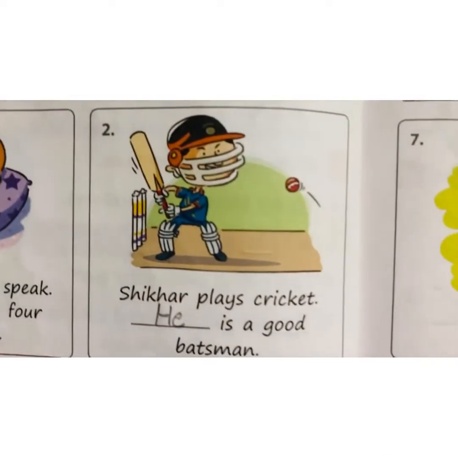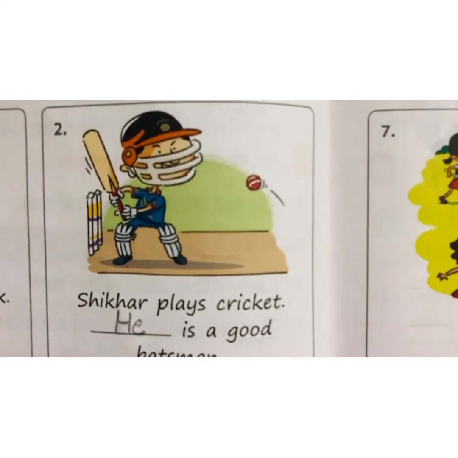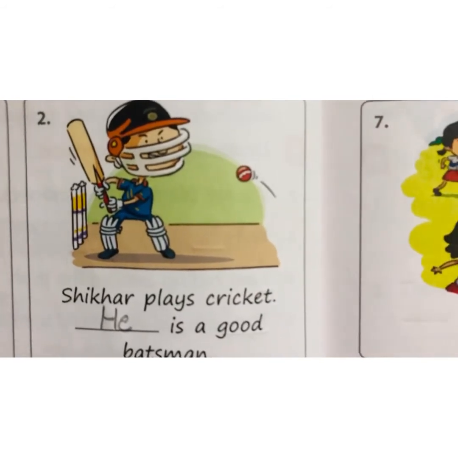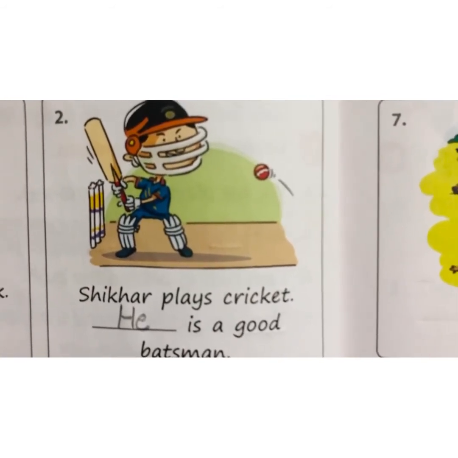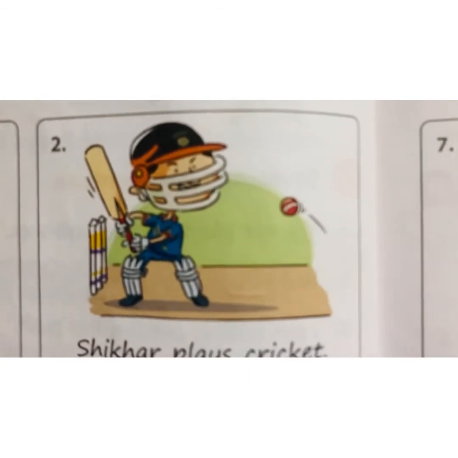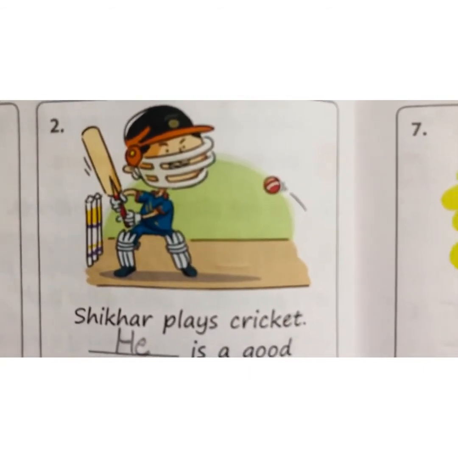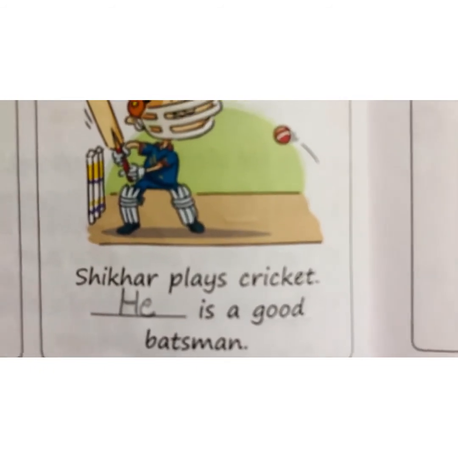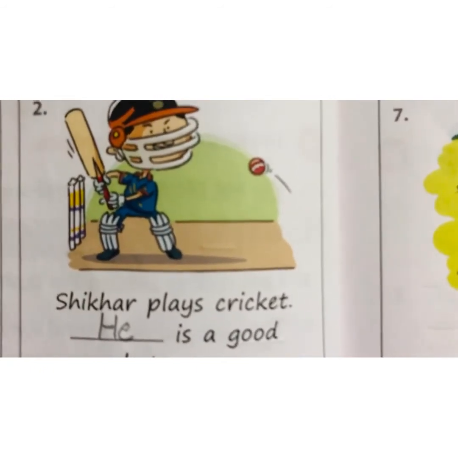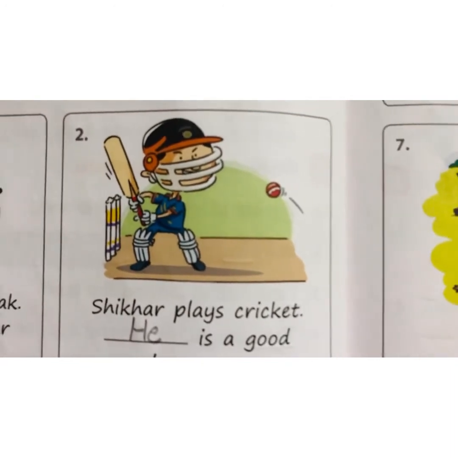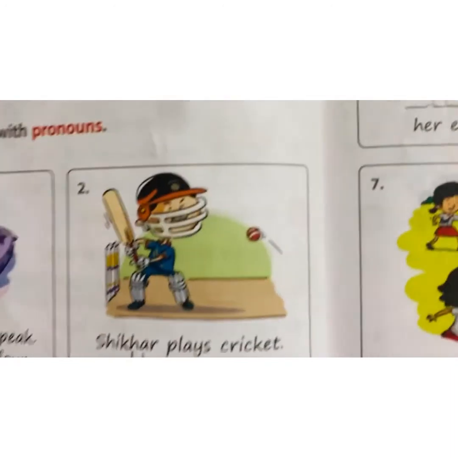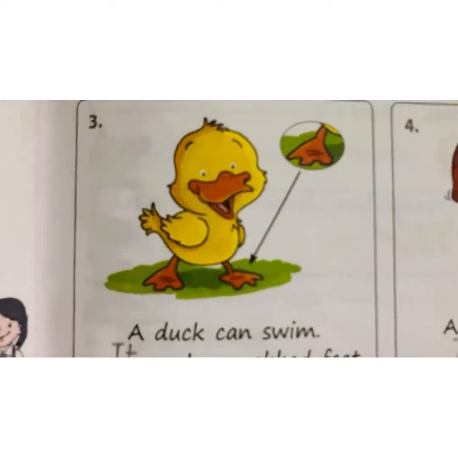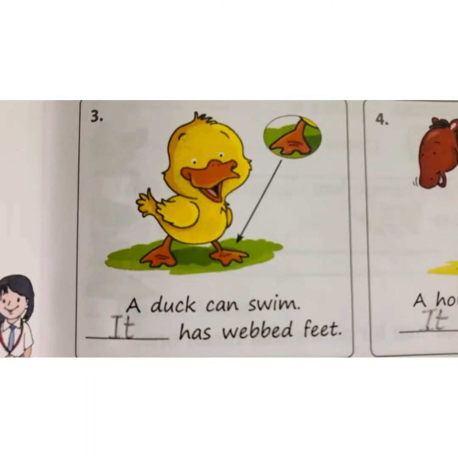The second one is, here you will see a cricketer. Shikhar plays cricket. This is Shikhar. He is playing cricket. He is a good batsman. We will use he for Shikhar because Shikhar is a boy. Third, here you will see a duck.